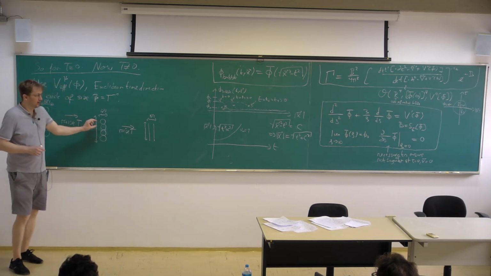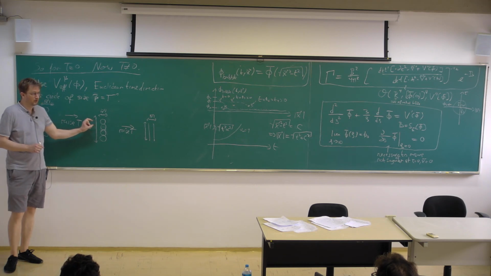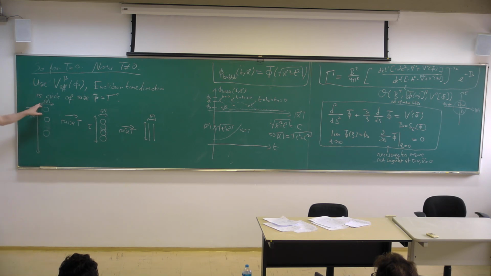Well, the bubbles really have a size in Euclidean space. It's not bubbles now; these are really instantons, in four-dimensional space that I'm depicting on a two-dimensional plane. They have a certain size along the time direction.